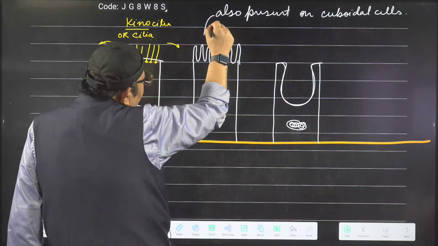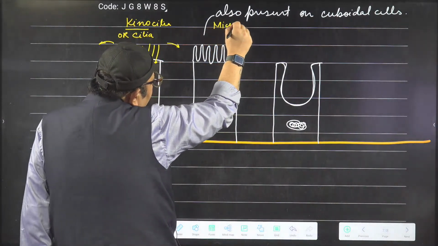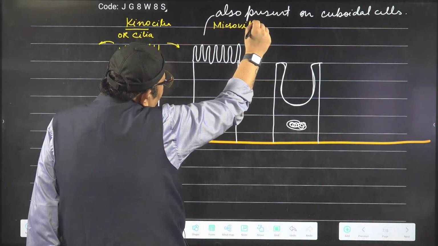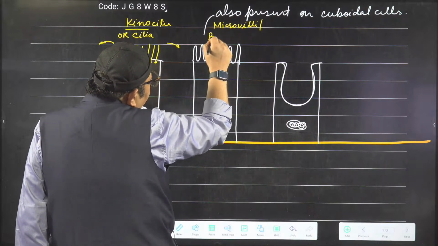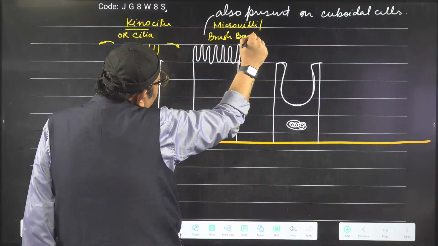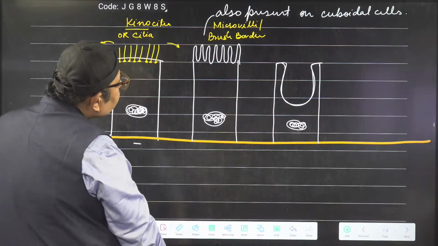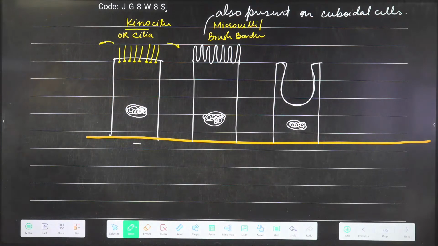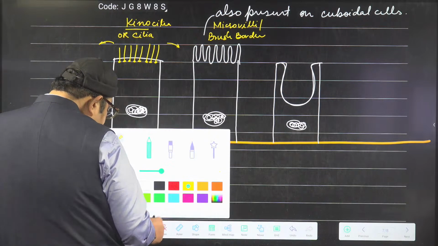Now these are called the microvilli, also called brush border. Why brush border? Because it looks like the bristles of a brush, and micro means very tiny, and villi means finger-like projections.